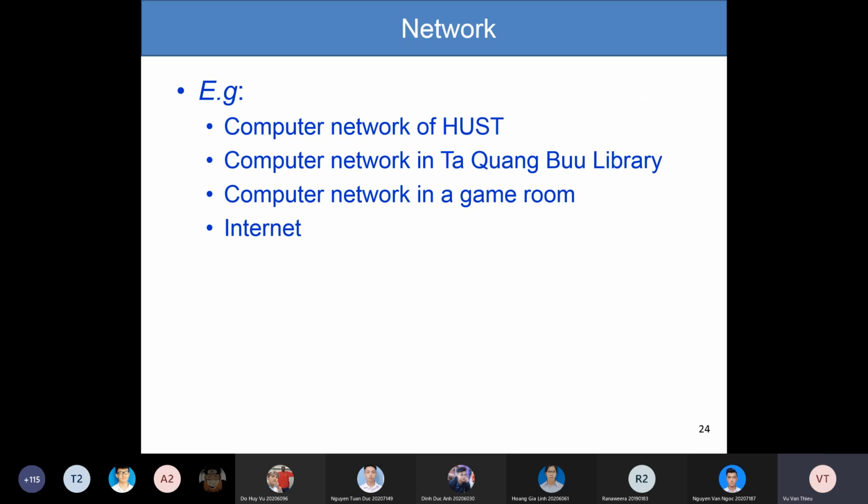Examples of computer networks: the network in Tạ Quang Biểu library, the network in a gaming room, the internet, or the network in our home, as I told you.